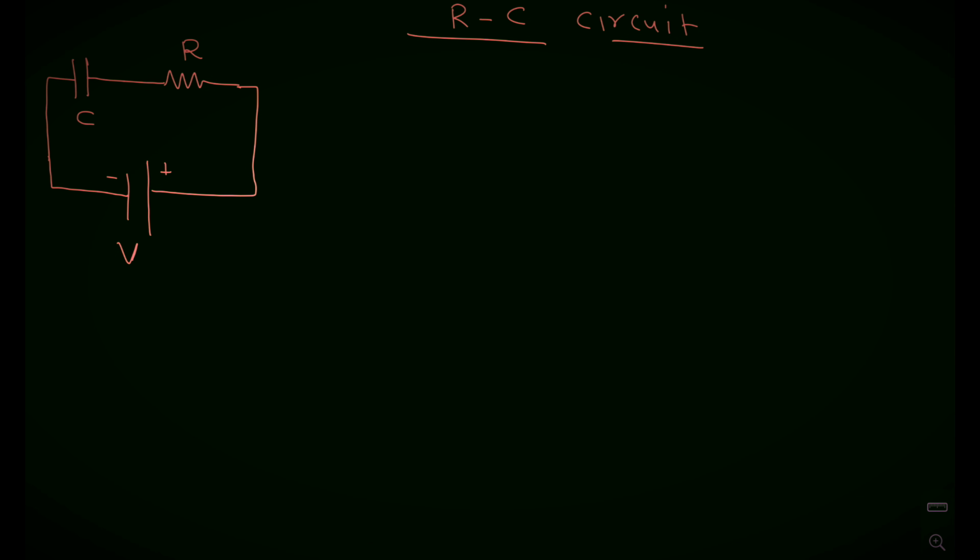When at t equal to 0, this is a switch. At t equal to 0, I am just going to close the switch. Then current starts flowing in this circuit.